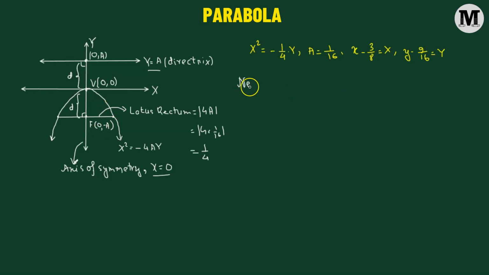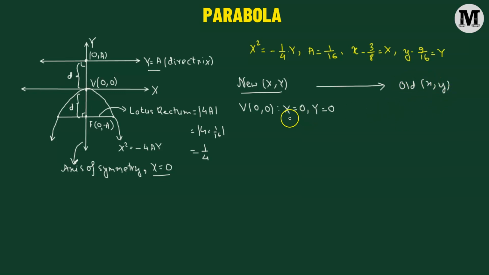We are working with the new coordinate system x comma y. So with respect to the new coordinate system, the vertex is at the origin 0 comma 0. This means that x equals 0 and y equals 0. However, we want to transform it back to the old coordinate system, that means represent it in terms of x and y.